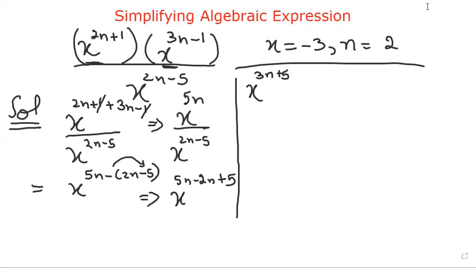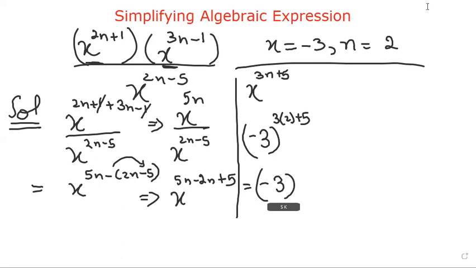But as the question says x is equal to -3 and n is equal to 2, I have to substitute these two values. Instead of x, I place -3, and instead of n, I put positive 2. So it will be -3 to the power 3 times 2 plus 5. What is 3 times 2?